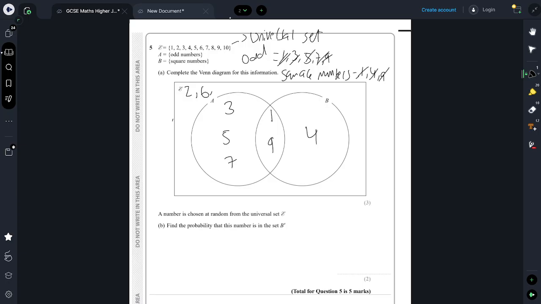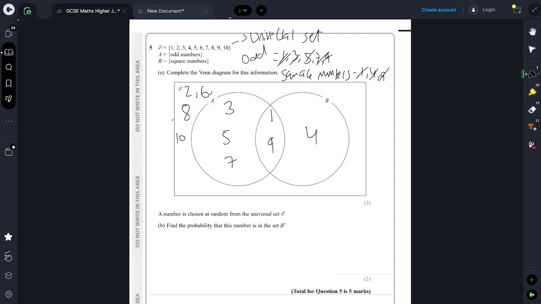What about 7? That's in there. 8 is not in there. We put 8 here then. 9 is, and 10 isn't. So 10 you put there, it doesn't matter where, as long as it's outside the circle, but inside the box.